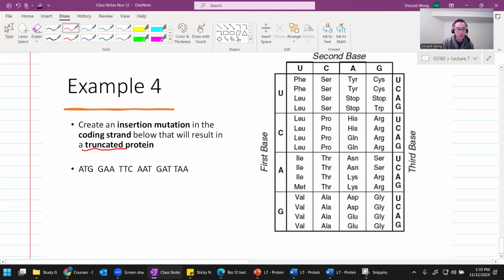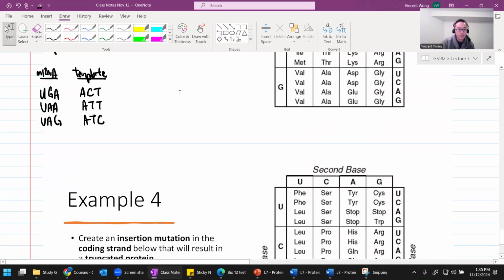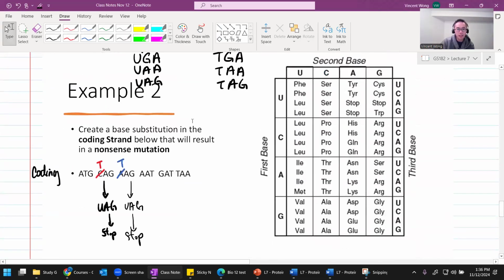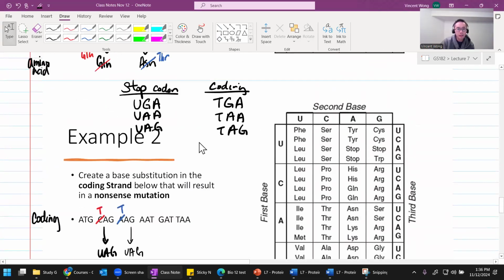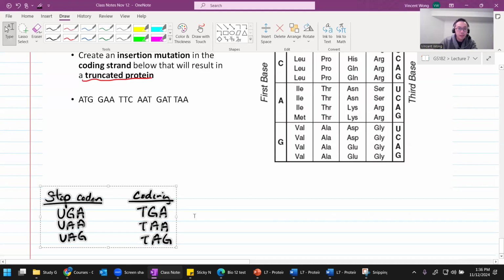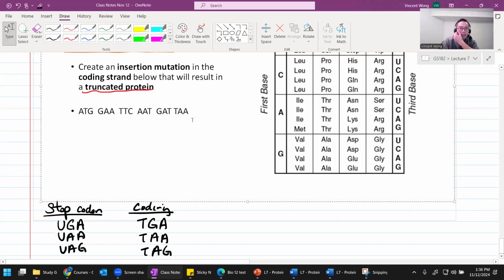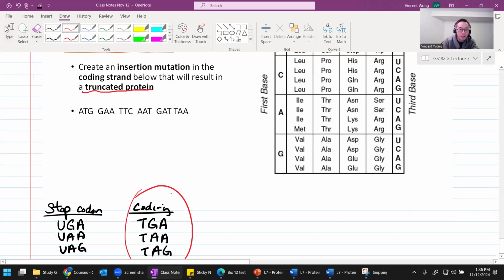So truncated protein means shortened protein. I need a nonsense mutation again. Okay? And I'm just gonna copy from here. Gonna bring it all the way down. So I need to insert something into the sequence to create one of these stop codons.